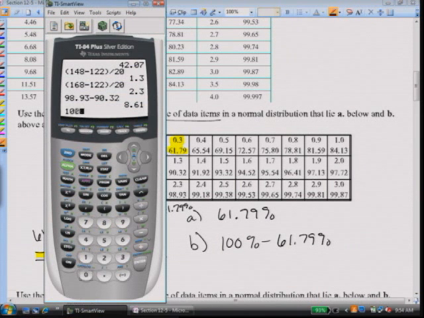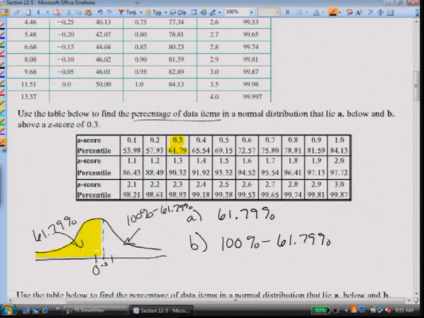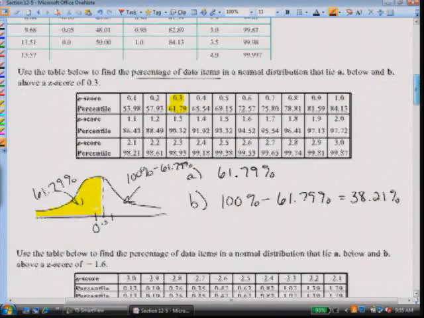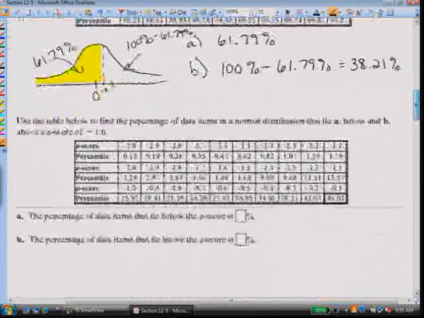You get 38.21. Or it's actually not the percentile, that's an amount above. The percentile always refers to the amount below or to the left.